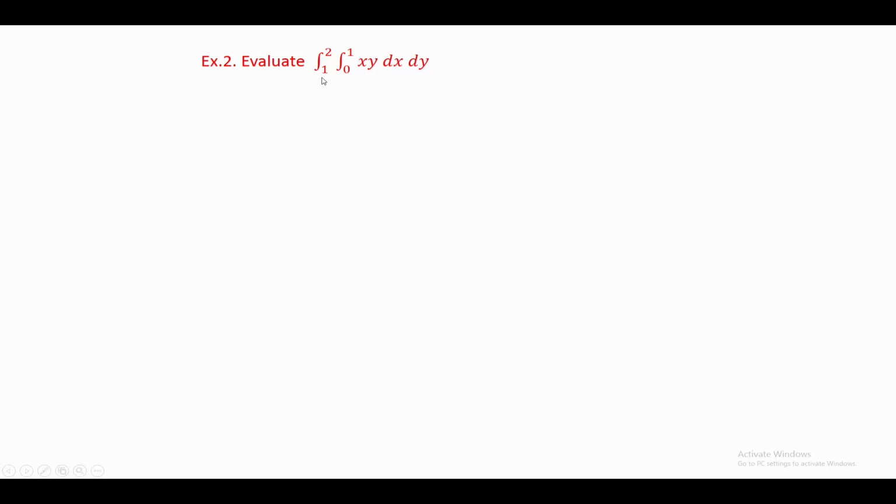Example second. Evaluate the double integration whose first integration limit is 1 to 2, second integration limit 0 to 1, of xy dx dy. Solution. Integration from 1 to 2, integration from 0 to 1, xy dx dy. Now evaluate with respect to x.